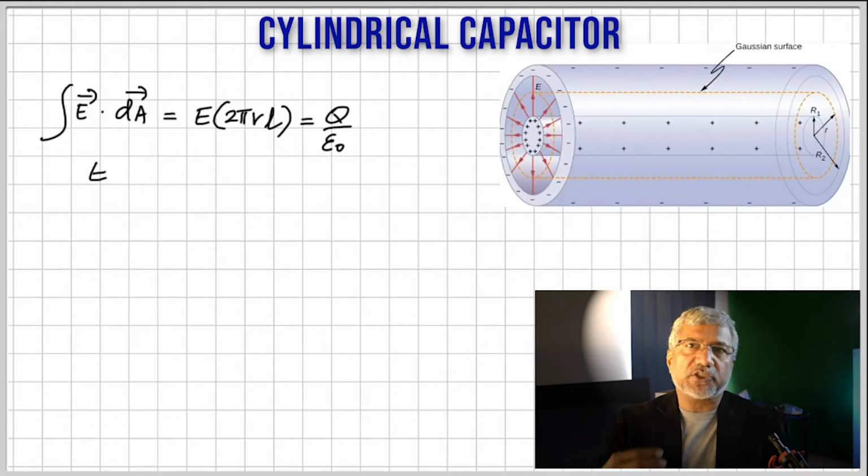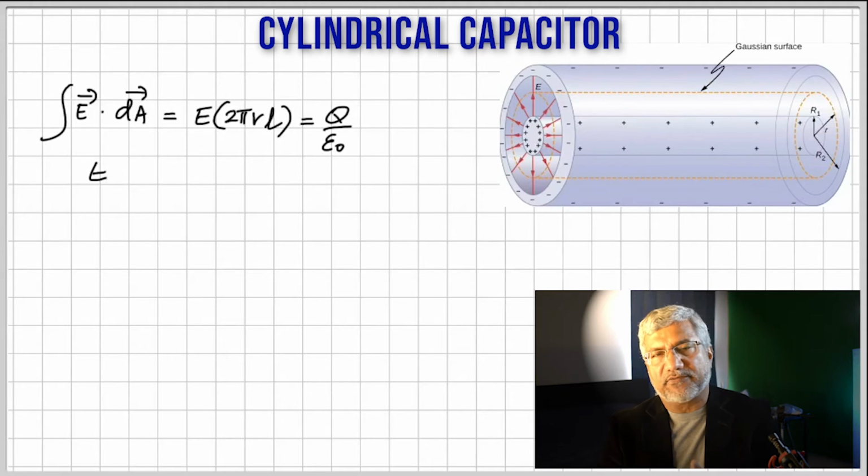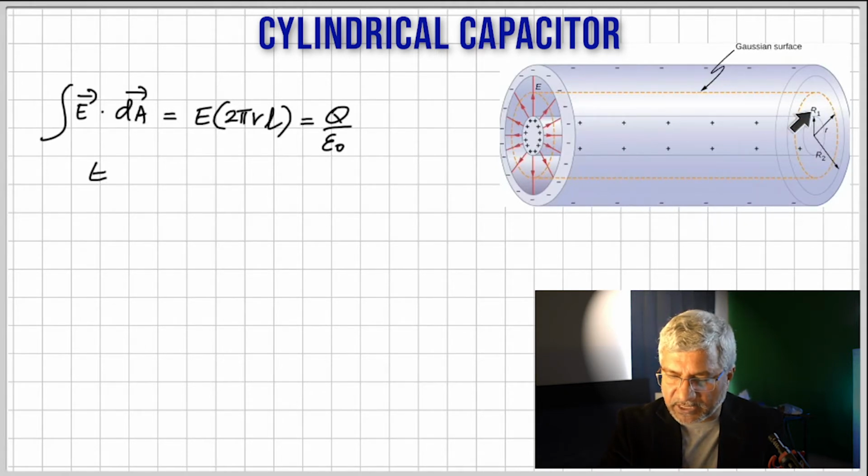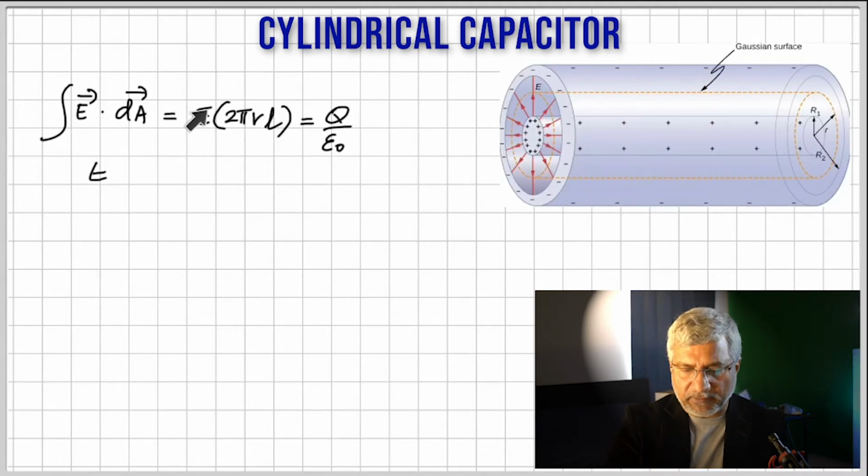Well, I forgot to mention, you've got to consider a Gaussian surface like before. In this case, the Gaussian surface is a cylinder of radius little r, as you can see. The yellow outline cylinder is the Gaussian surface. The radius is little r and the length is L. So when we do the integration, once again, E is a constant taken out.